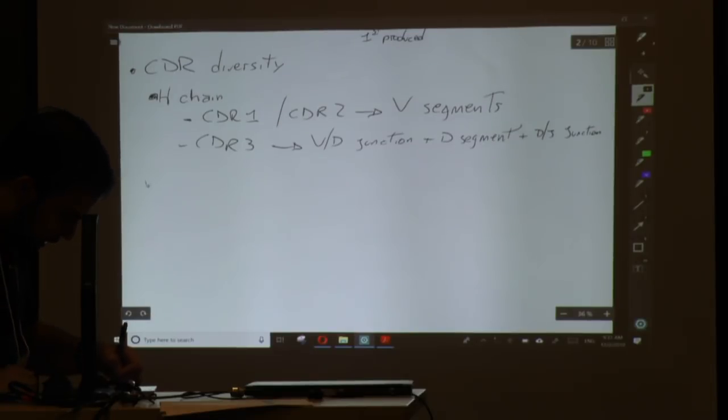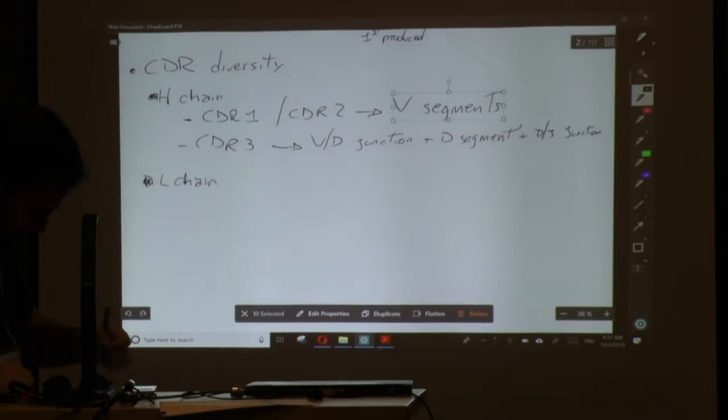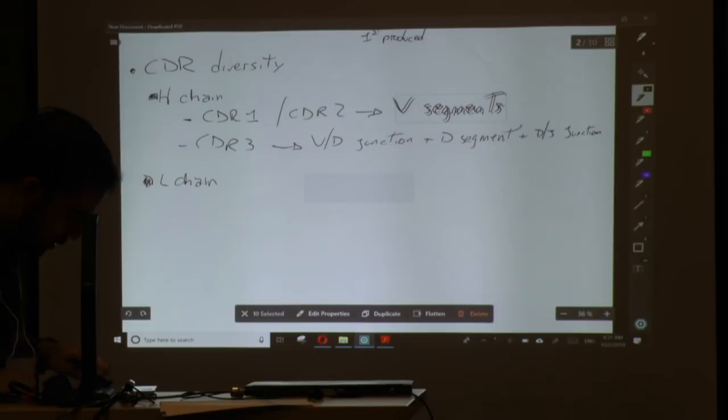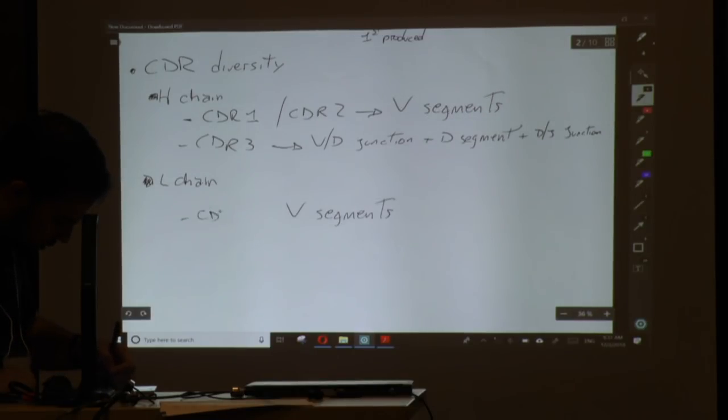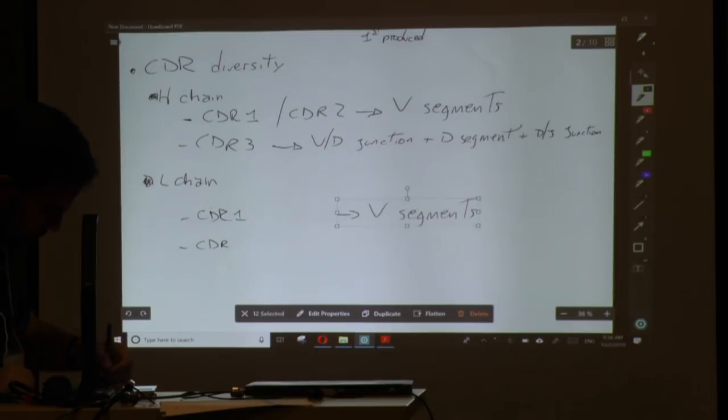And then for your light chain, CDR1 is also going to be your V segment, and CDR1 and 2 as well. And then CDR3 is going to be your VJ junction.